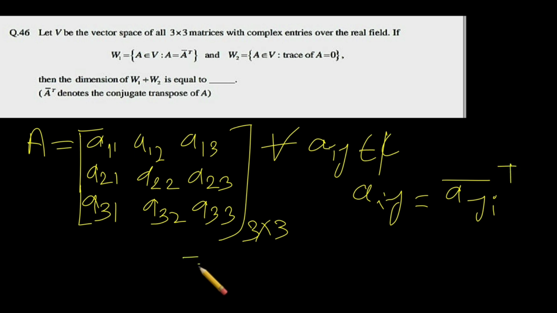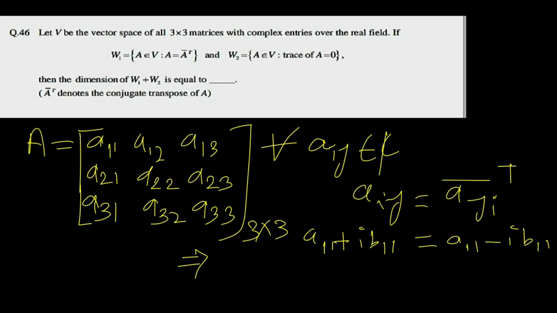So we know that this is a complex entries matrix, so there are two elements in each entry. Firstly, when we write A11, it is A11 plus iB11, the first element of A, equal to its conjugate transpose, where the real part will be the same, minus iB11.